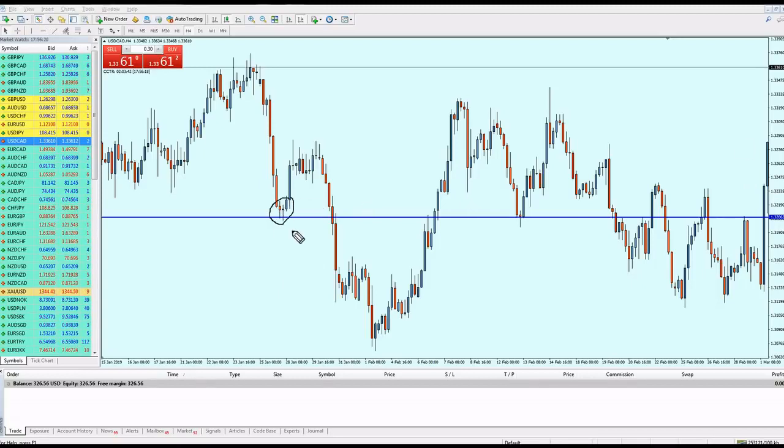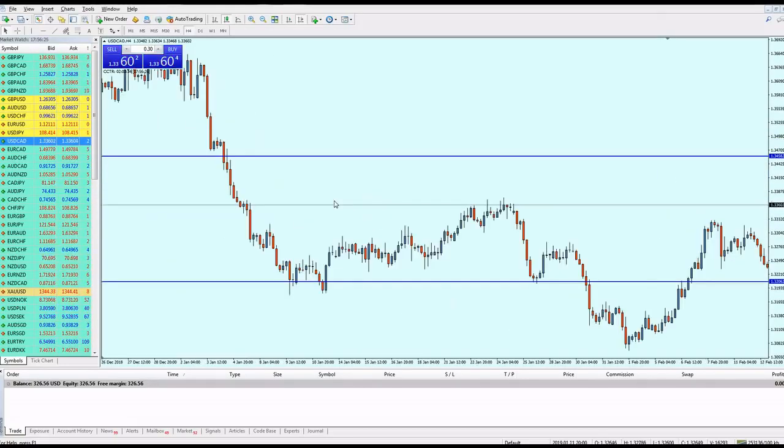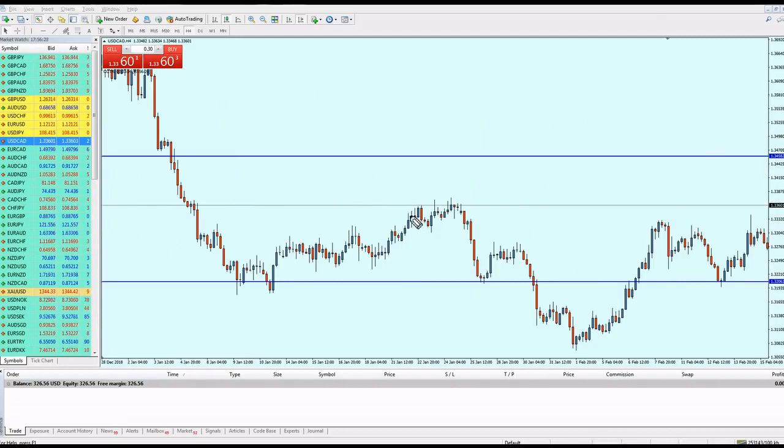We have a support level. Let's assume this was support number 1. If we look at the left, maybe there are other support attempts on this level. Yes, we have this support number 1, this is support number 2, and this is support number 3.